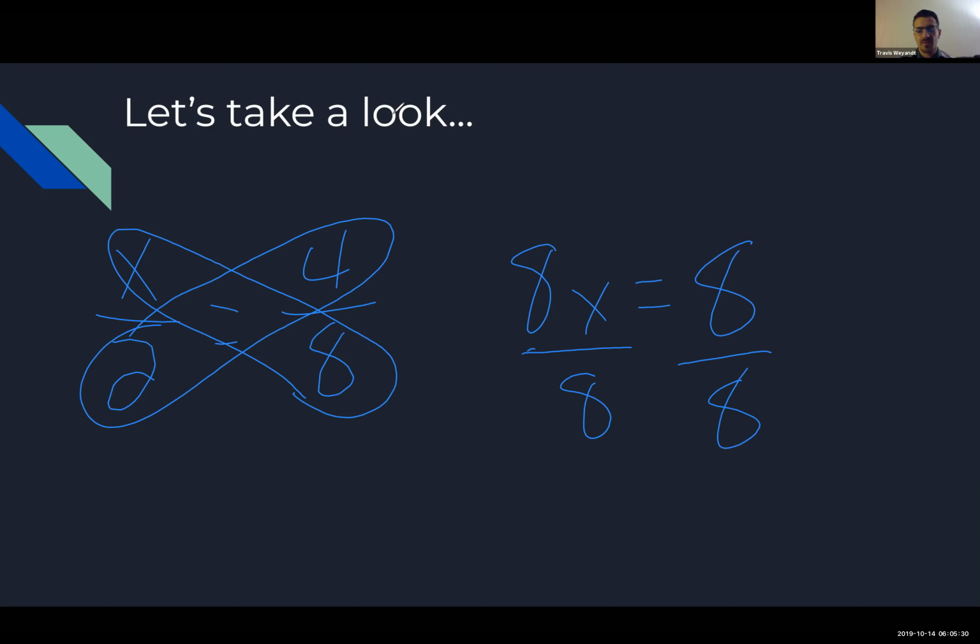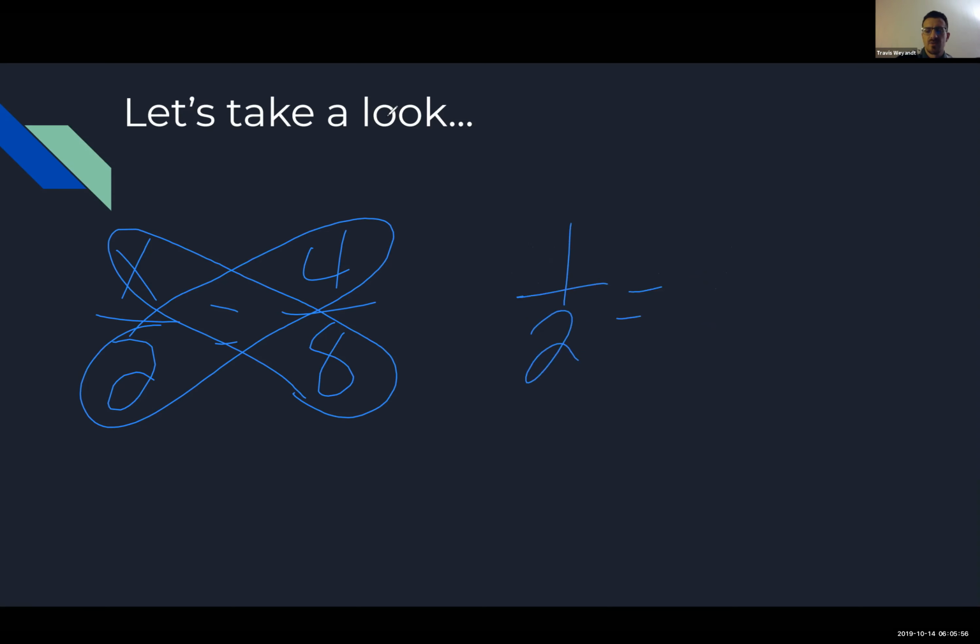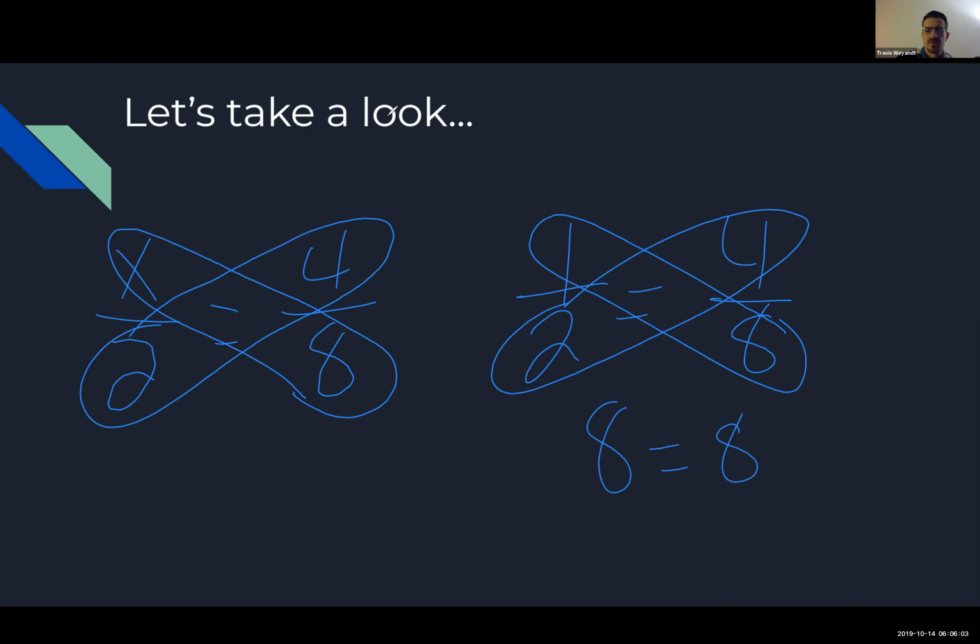Noticing that 8 is multiplying x, I divide by 8 to get rid of it. Then 8 divided by 8 on the other side becomes 1, because with equations, what we do to one side, we always do to the other. Same operation, same number, and we get 1. If I were to go back and check this problem, 1/2 equals 4/8, I would again cross multiply to get 8 equals 8.